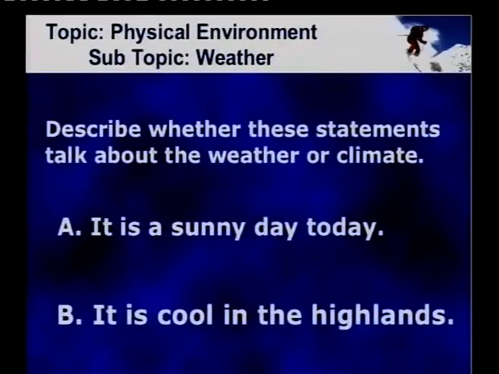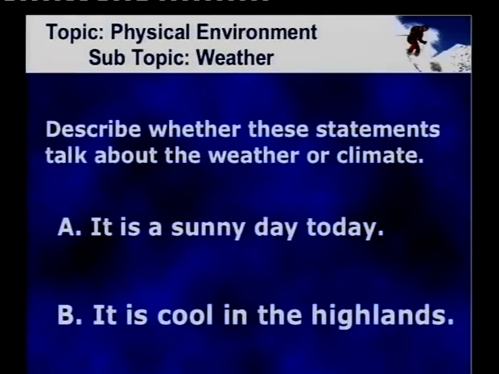It is a sunny day today. So again, weather describes the conditions of a day, for example the temperature, the wind, rainfall, sunshine, and so on. So that statement, it is a sunny day today, means it's talking about the weather, what the weather is like today. It is a sunny day.